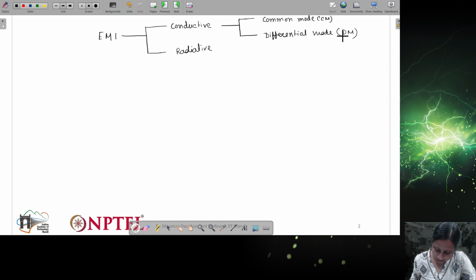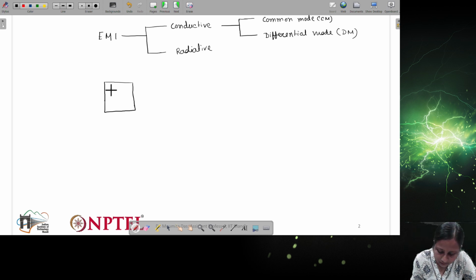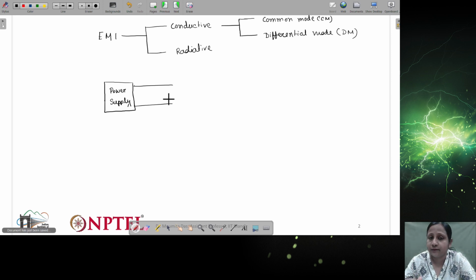If you see any power converter, there will be a power supply first. It can be any type of supply, DC or AC. The power supply is connected to the power converter.